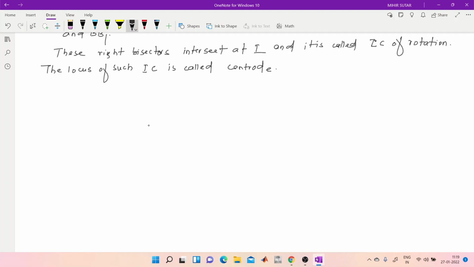Means, if I draw, let's say we have this link AB, and the final position is here, A1, B1. Now our instantaneous center is somewhere here.